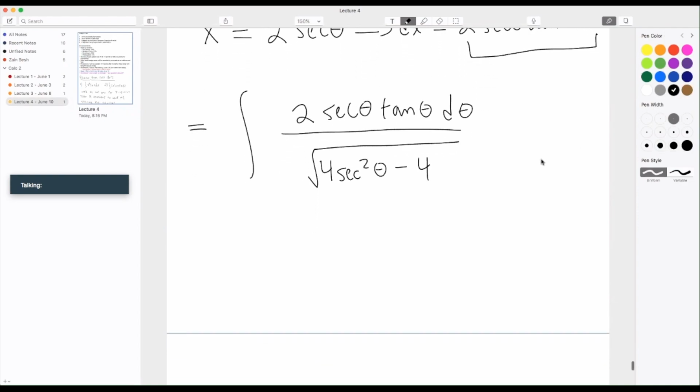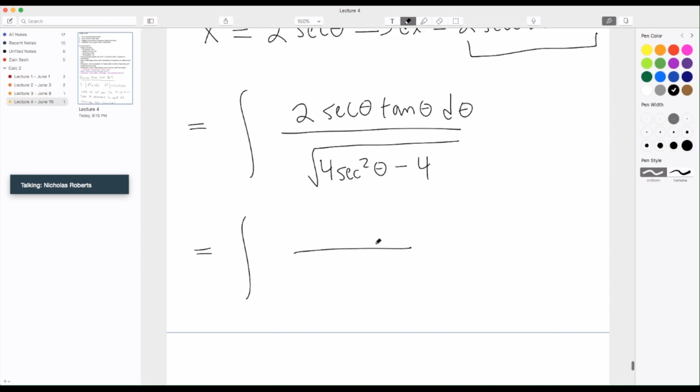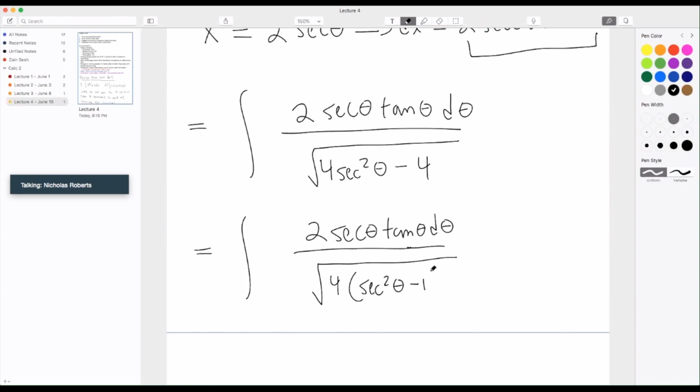All right. So I'm going to factor the radical. 2 secant theta tan theta d theta, copy down the numerator. I'm going to rewrite that square root as the square root of 4 times secant squared theta minus 1.